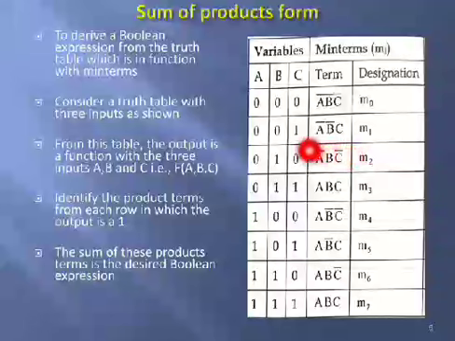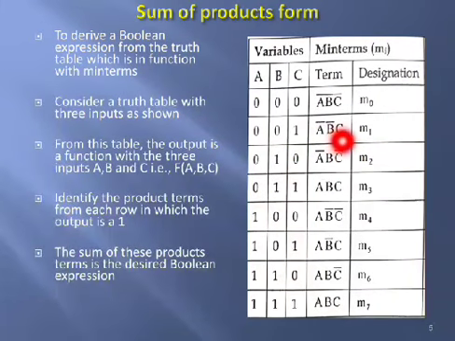If you observe, 1 in the input column implies a true literal, that is C. Similarly, 1 in the input column implies true literal B. So 1 implies true literals B and C. And similarly, 0 in the input column implies its complemented literal. So if A is 0, in the corresponding min term you will have A bar. Similarly, if A is 1, the term should contain A, that is the true literal.